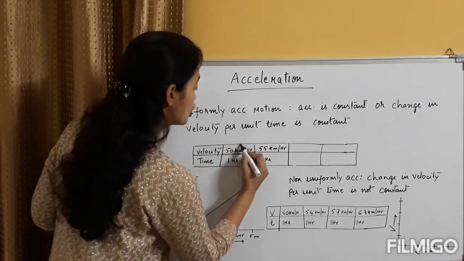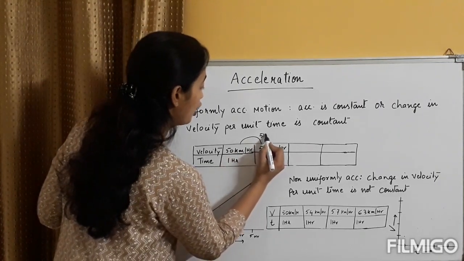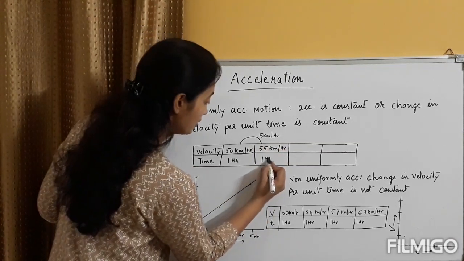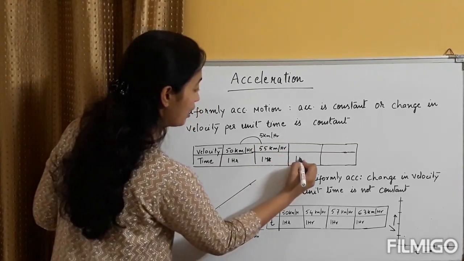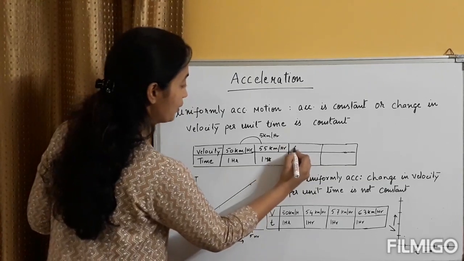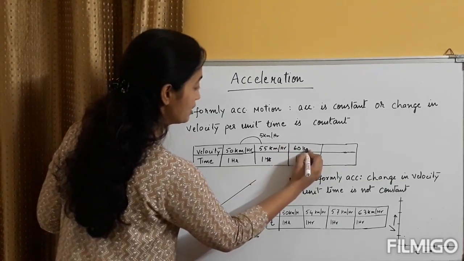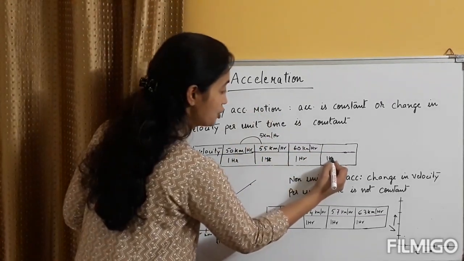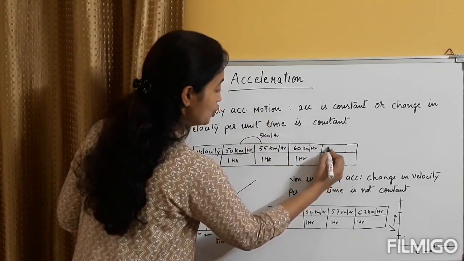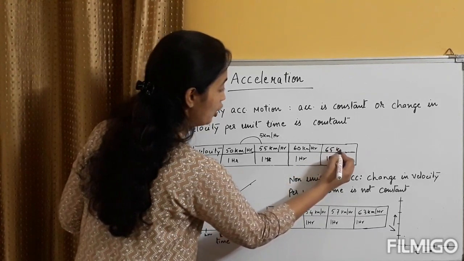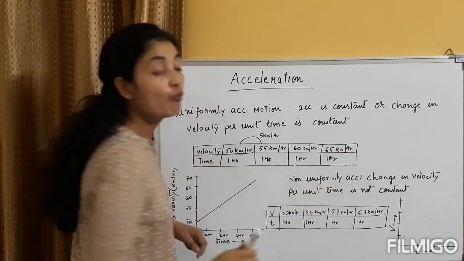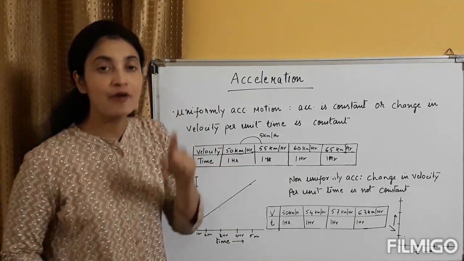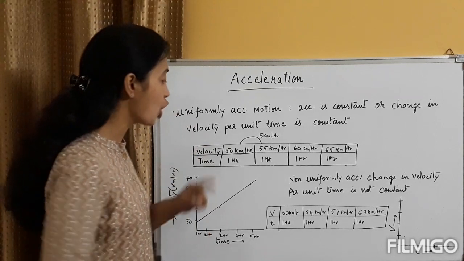That means the change is 5 kilometers per hour in 1 hour. In the third hour, the velocity increases to 60, and in the fourth hour, it changes to 65 kilometers per hour. What do you conclude? The change in velocity after every time interval is constant.